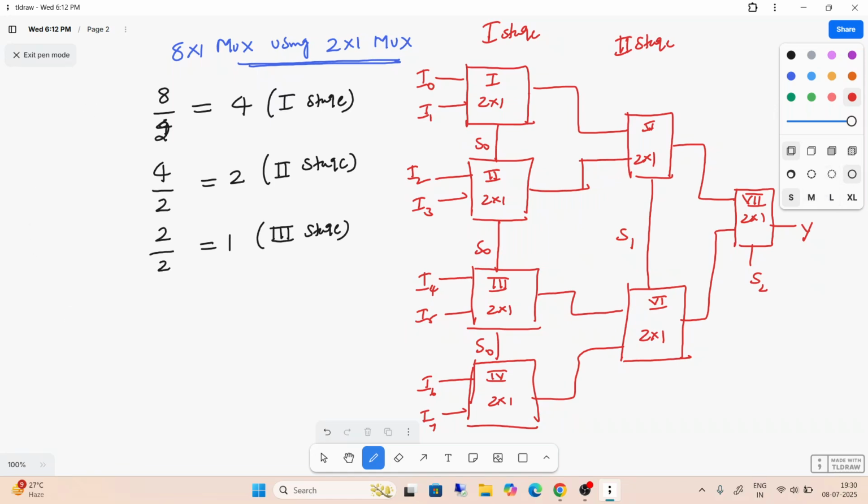So let us take the selection lines S2, S1 and S0.